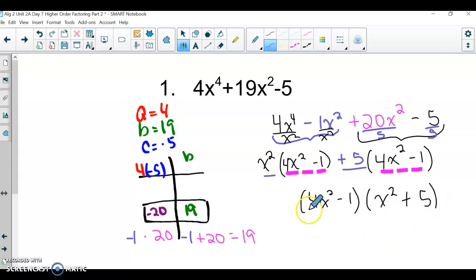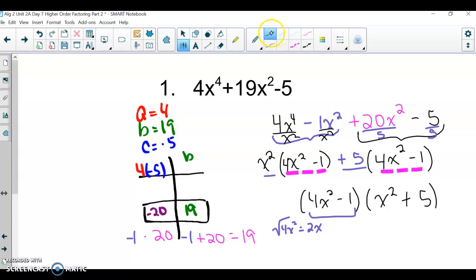Okay, now can we continue to simplify? We look at 4x squared minus 1. Can that be simplified even further? Well, difference of squares. I have a minus. Can't take the square root of 4. I can. So we can do the square root of 4x squared, which is 2x.